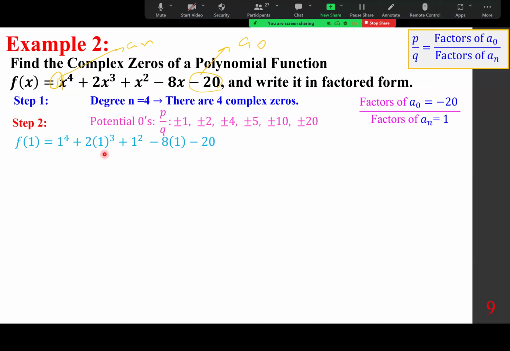This is 1, this is 2, and 1 means 4, minus 8, minus 20, gives minus 24. This is not 0, which means x minus 1 is not a factor.